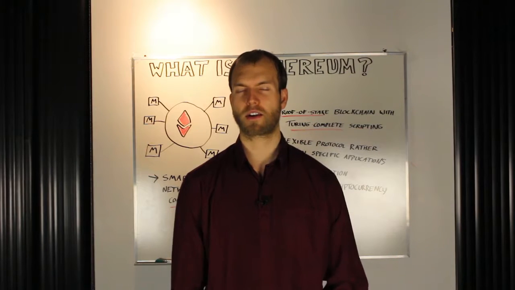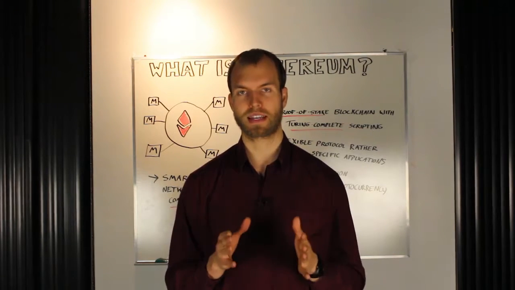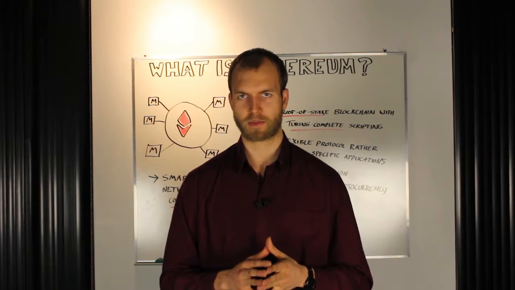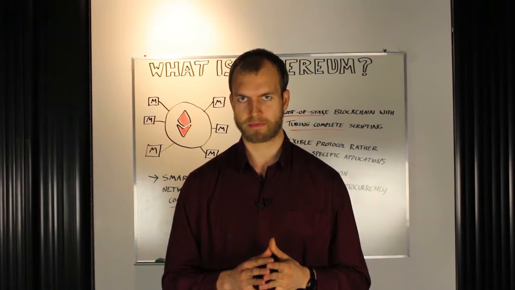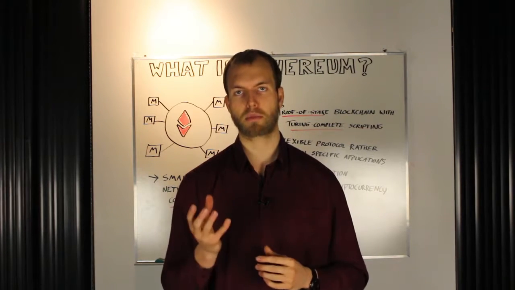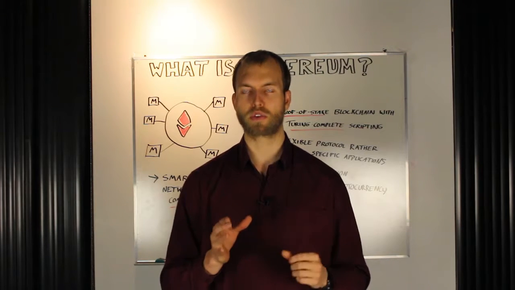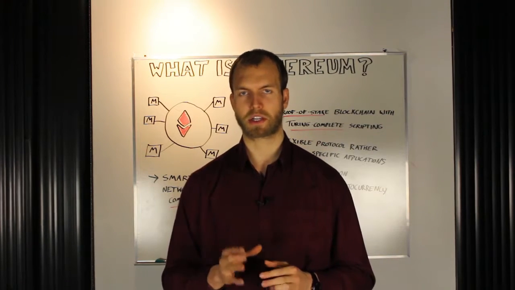In this first lesson, we're going to be taking a high-level overview of what exactly Ethereum is and how it differentiates from Bitcoin technology. Now, Ethereum takes the underlying blockchain technology of Bitcoin and combines that with the Turing-complete scripting language.